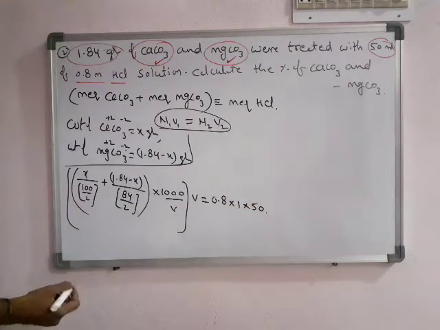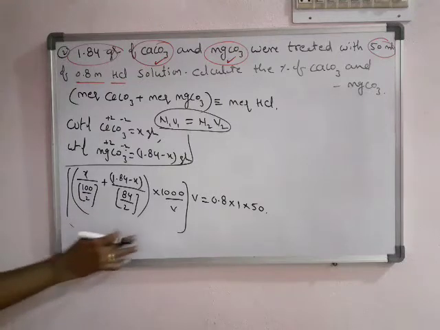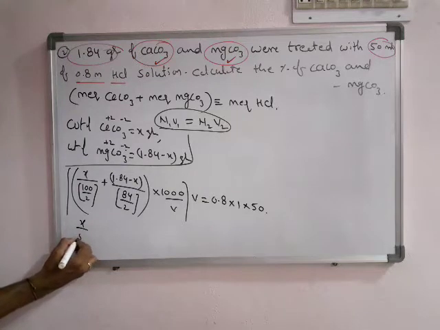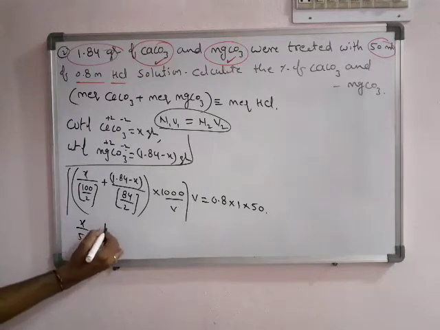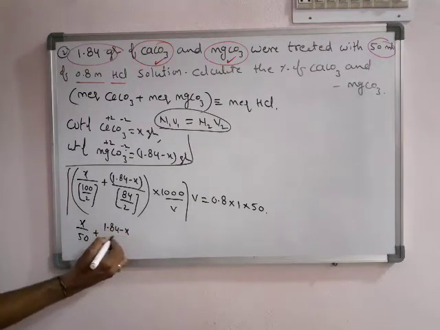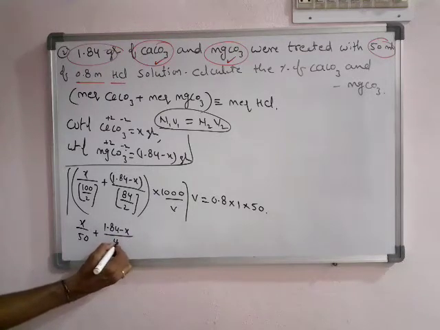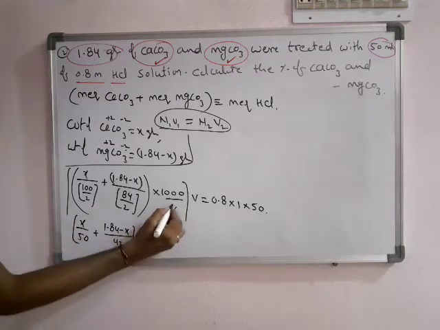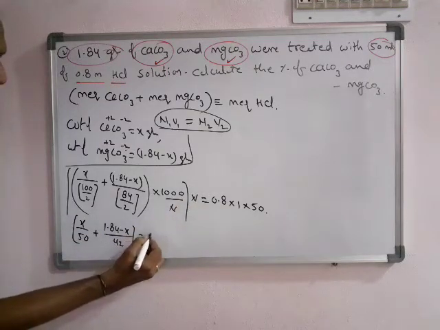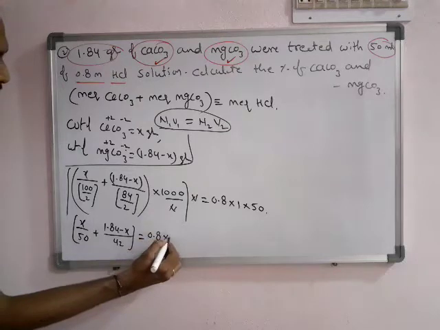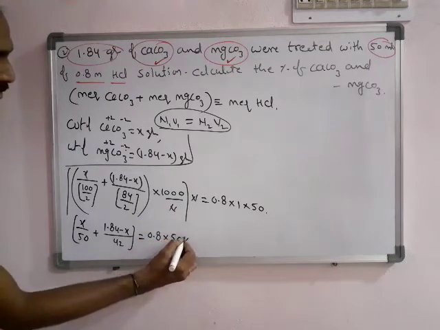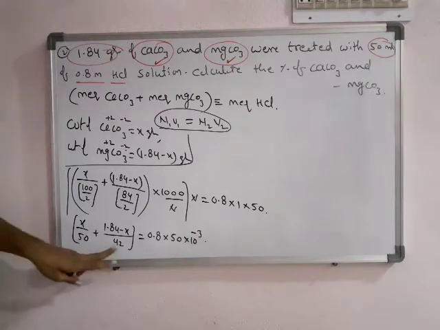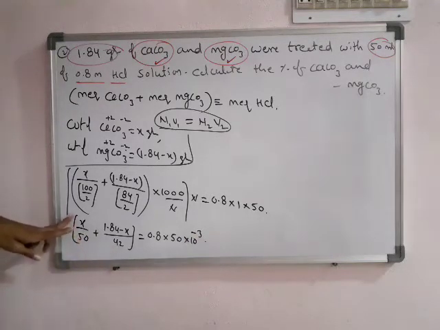By simplification, x by 50 plus 1.84 minus x by 42. They get cancelled, becomes 8 into 15 into 10 power minus 3. So by taking LCM, we are able to calculate this x.